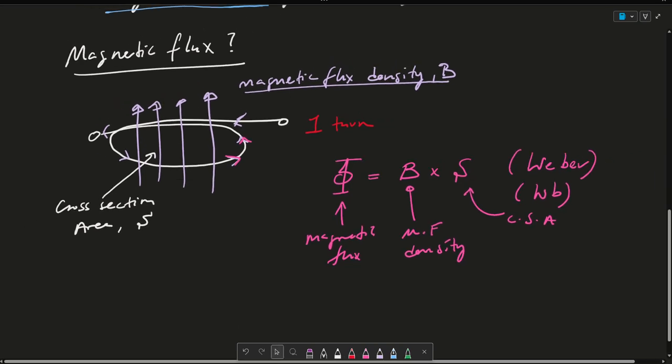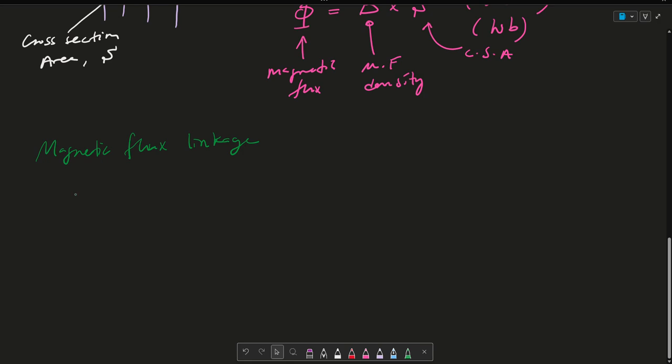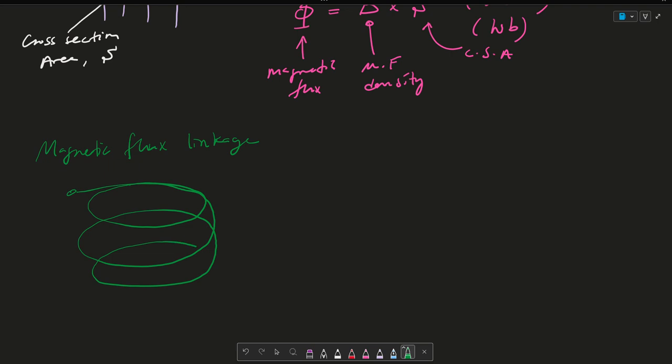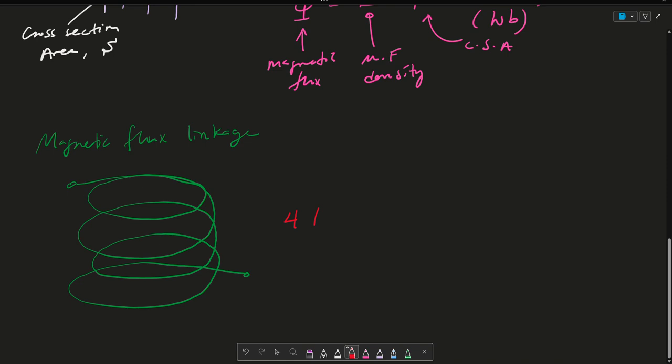So the next thing we want to study is what's called the magnetic flux linkage. So I'm using a different color here. I'm going to call this the magnetic flux linkage. Now imagine you have not just one loop, but another loop, and then another loop, and then another loop. So the number of turns up here was one turn, but up here we have 4 turns.